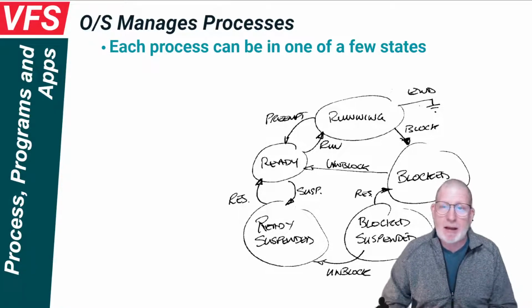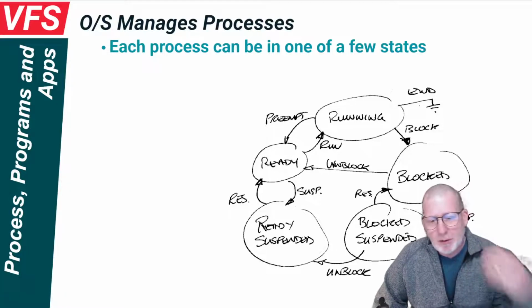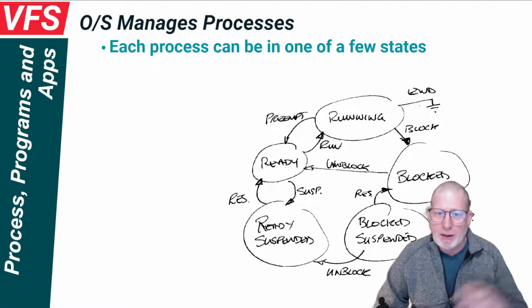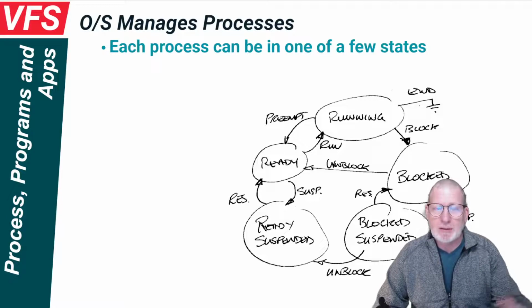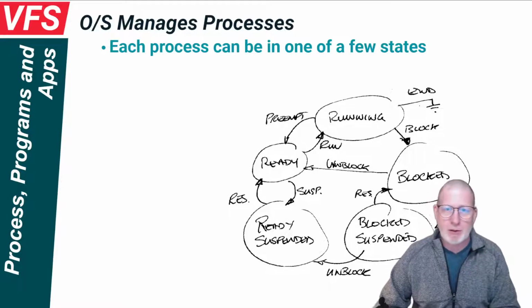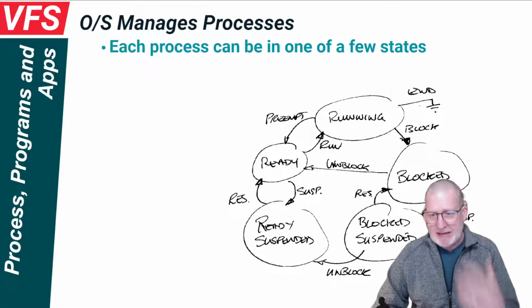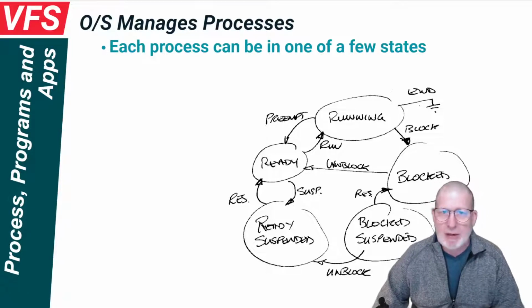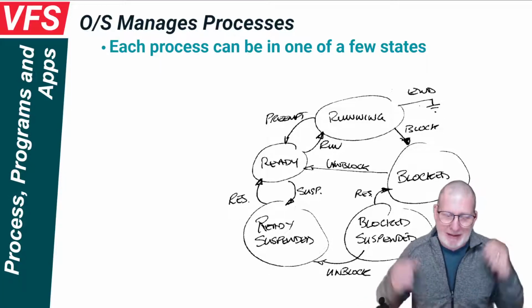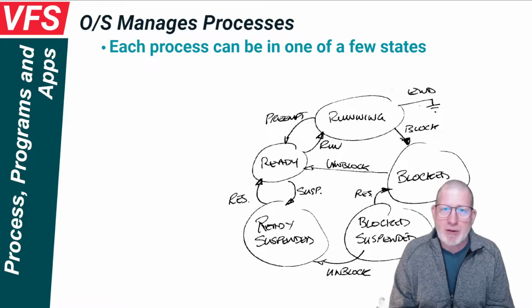And in that process, we run our application by loading the code, loading the data, starting execution, and putting it into the running state. Once it's in the running state, it stays there until the operating system preempts it. And when the operating system preempts it, it stops it from running and says, wait, you've had your turn. And it pushes it to the ready state.